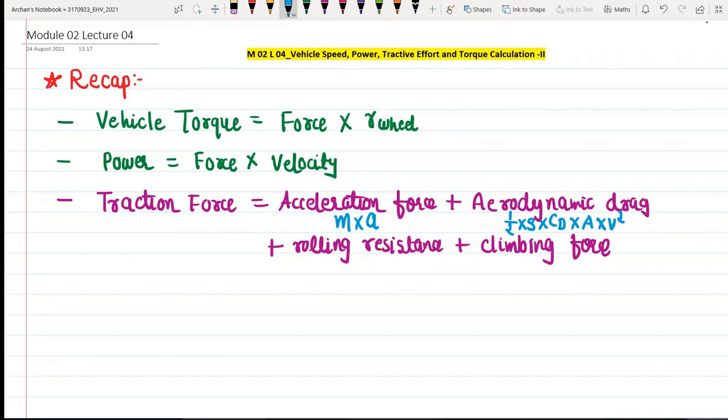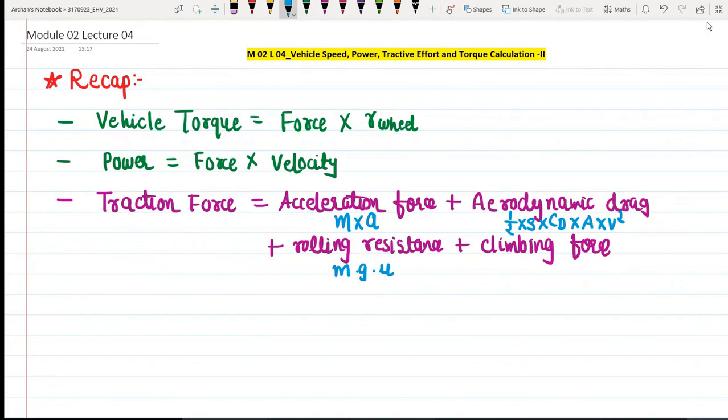Then we have these two resistances, rolling resistance and gradient resistance. The rolling resistance is given by mg mu cos theta. But as we know, the value of theta is generally limited to 12 to 13 degrees, and whenever we consider that much degree, the cos theta becomes nearly 1, and this is the reason why we can neglect the cos theta.